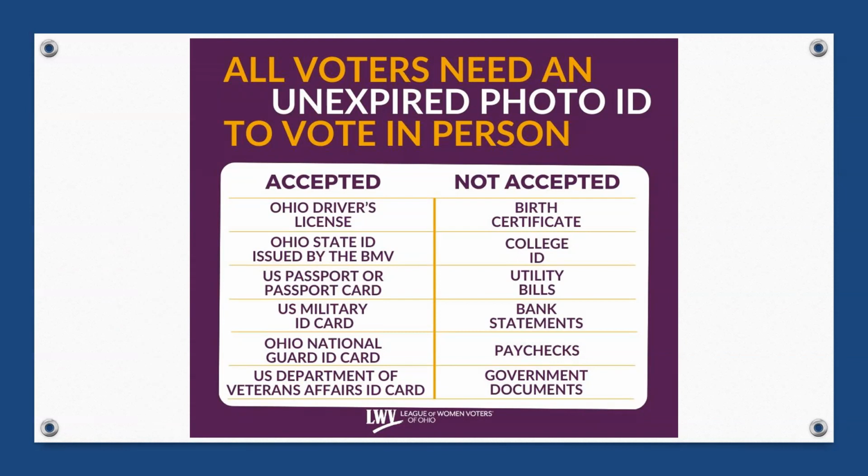We have various forms of military ID, and you can also use a passport. So all of these have your picture on them. And the most important thing is that it has to be unexpired. We've seen, based on data from last year's election, that quite a few people tried to vote with the appropriate ID, but that it was expired, so they weren't able to use that.